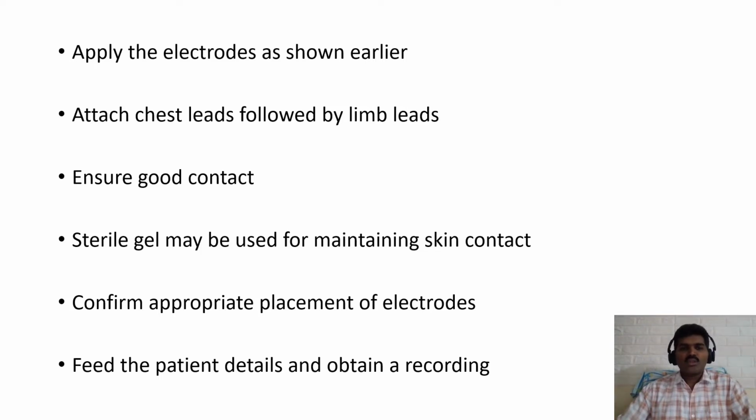Once you obtain the recording, the ECG should be interpreted as early as possible and by a senior physician, and appropriate measures have to be taken if there is any abnormality.